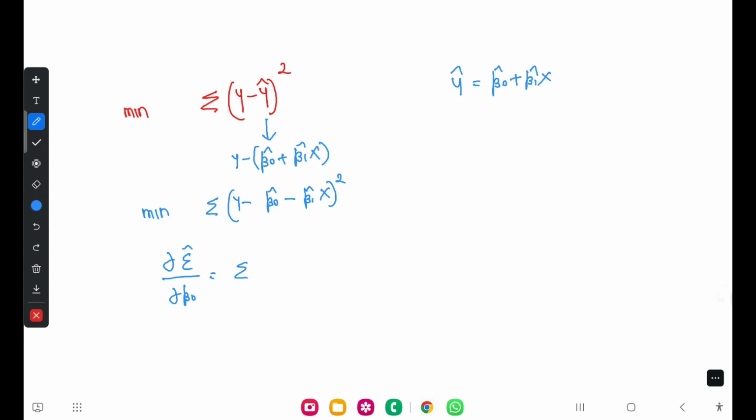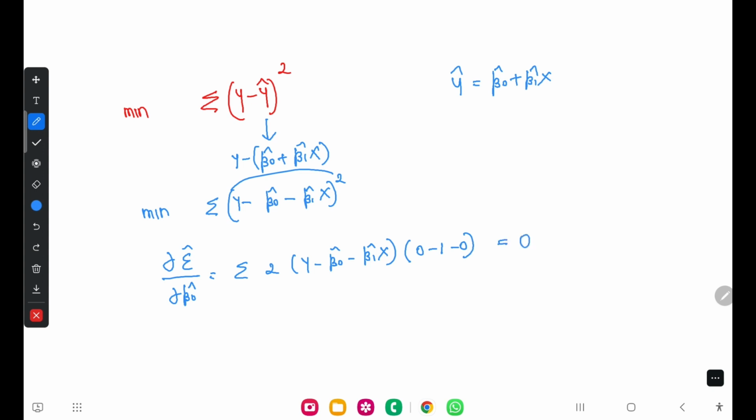This is the chain rule: we bring the 2 to the front, write the same thing inside the brackets, and then differentiate the inner function. With respect to beta naught, y is 0, beta naught is minus 1, and beta 1 x is again 0.